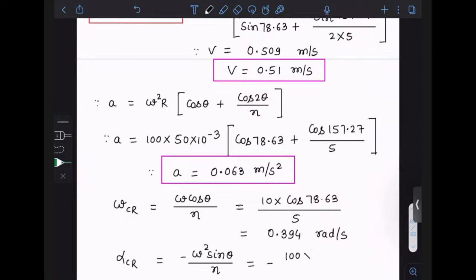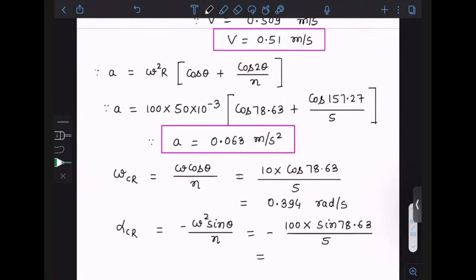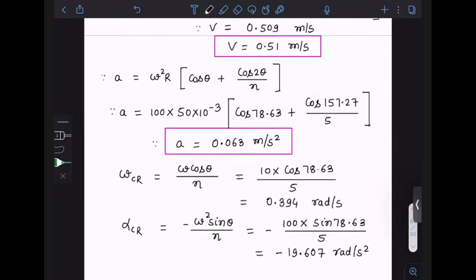So minus 100 sine 78.63 divided by 5, which gives 19.6. Correct, this is the answer, everyone.